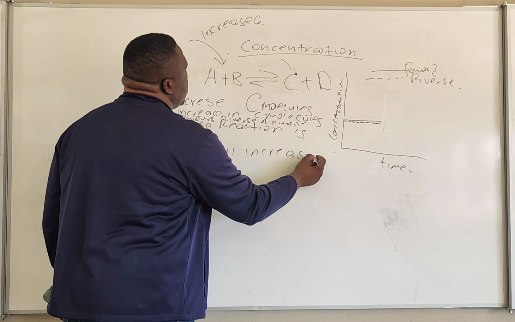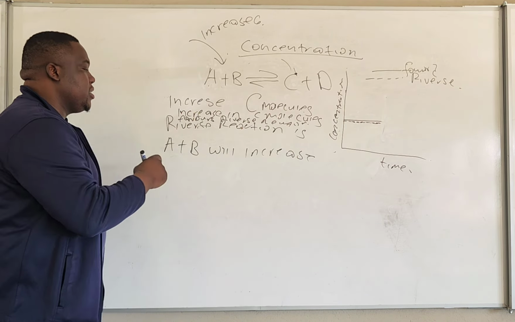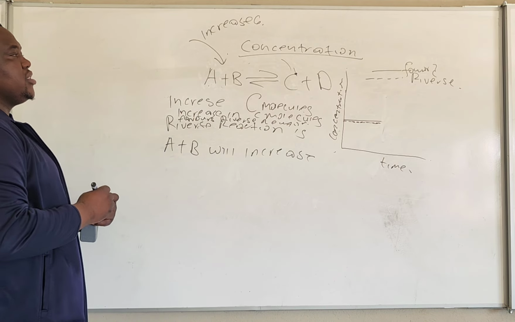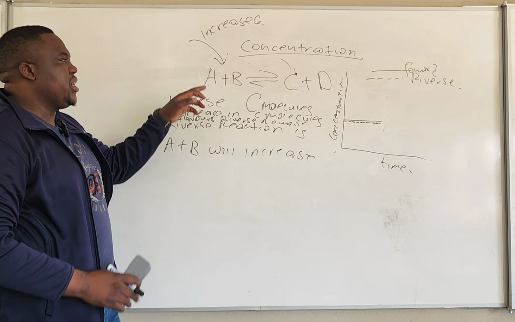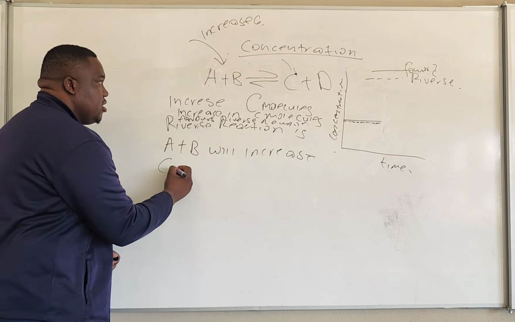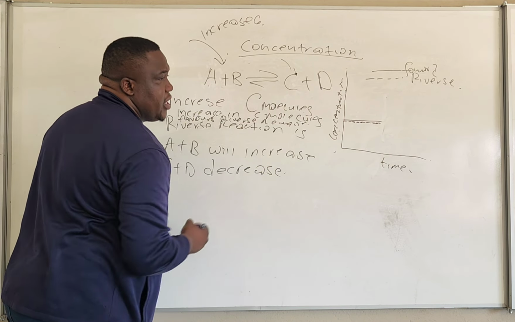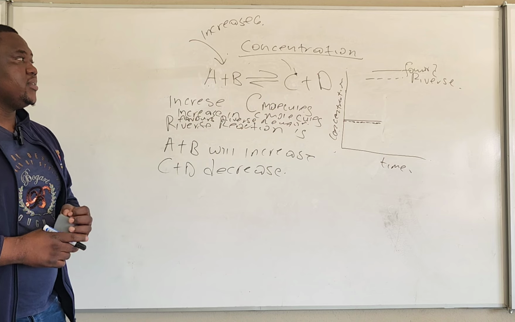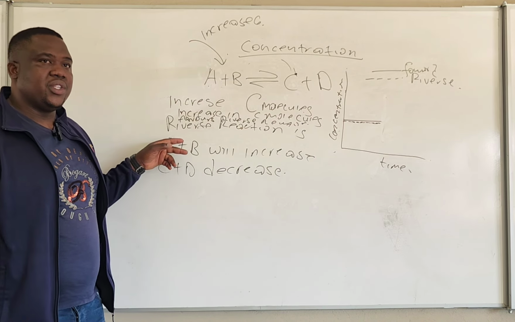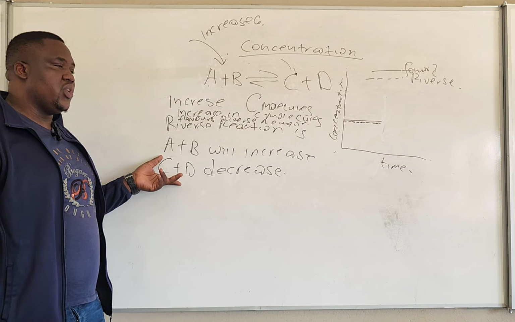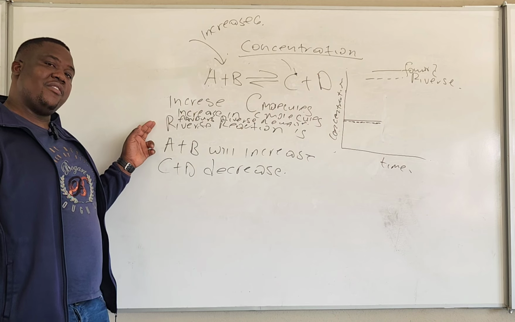Yeah, I should have written there what's going to increase. A plus B is going to increase. Then C plus D decrease. Yeah, we need to explain in full, guys, so that we don't lose marks. We need to indicate which one is going to decrease and which one is going to increase and which one is going to be favored.